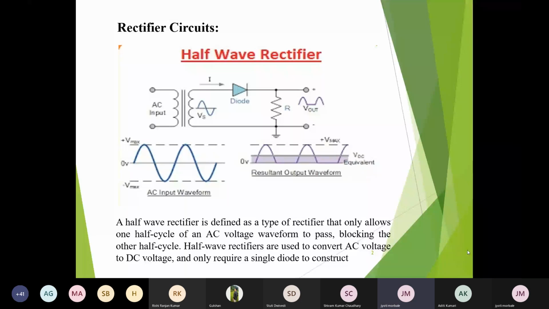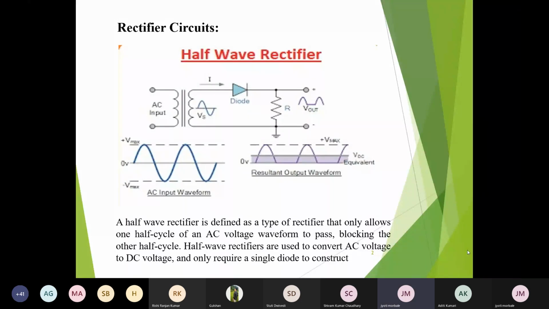Whatever shape of the signal is there at the primary winding, that shape will be retained as it is. We are observing a sinusoidal AC input, so a sine wave signal will come at the secondary side of the transformer. No conversion happens here. Conversion is done by the diode and the rest of the circuit. The transformer is only used for step down and to isolate from the power line so as to avoid the risk of electric shock.